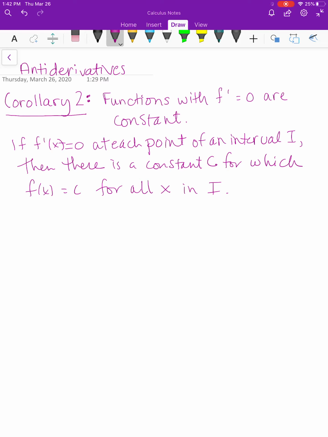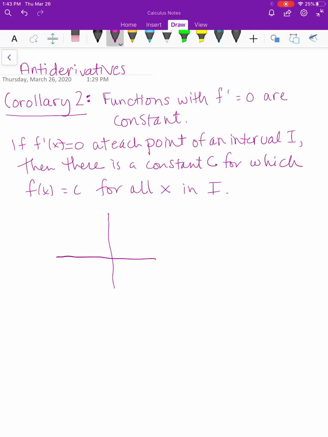Now, when we're talking about antiderivatives, we're not talking about setting a derivative equal to 0. We're talking about literally that the derivative is 0. So like on the lesson that we did before, we had y equals x squared, and we took the derivative. We got y prime equals 2x, and we set it equal to 0.